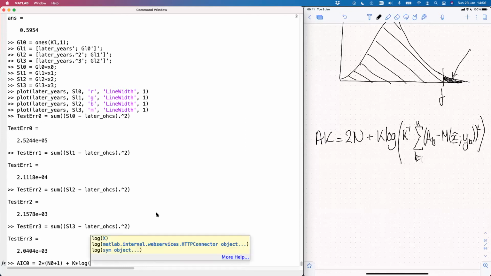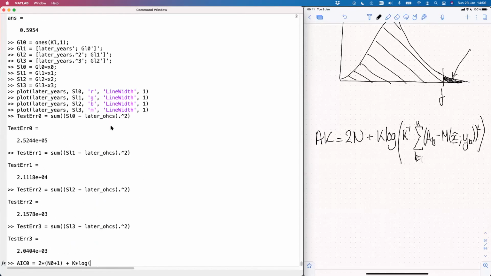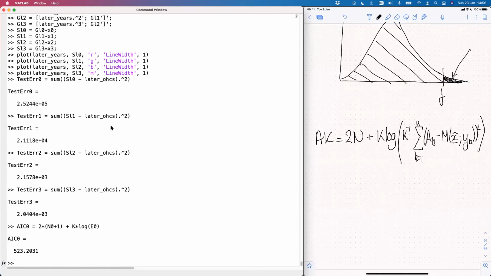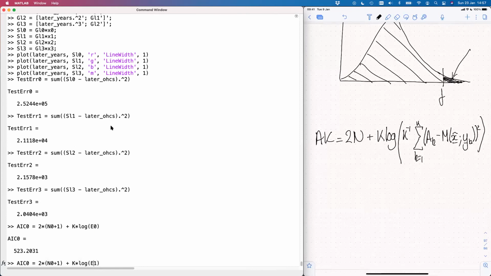Then, of course, we've already estimated this mean square difference. We called it E0 up here, didn't we? E0 is the sum of square differences divided by k, or the mean square difference. So I'm just going to use exactly that, log E0. And if we evaluate that, okay, we get some number, 523. And let's do the same then for the other models, for E1.